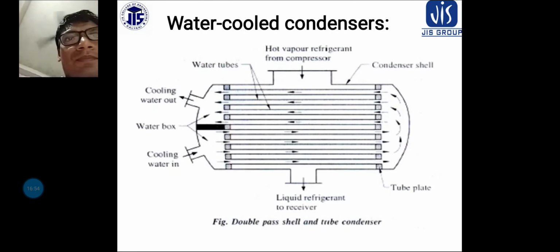In the figure you can see, the condensing water is circulated through the tubes, which may be either steel or copper, either bare or extended surface.